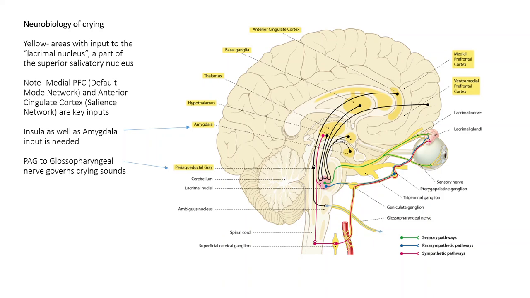But that lacrimal gland gets very sophisticated input from all of these yellow areas, and in particular from the anterior cingulate cortex and the amygdala. So it's aware of being triggered by emotional stimuli, and it's also being provided information by the medial prefrontal cortex up there on the right. That is part of the default mode network that we talked about earlier. So more about that in just a moment.